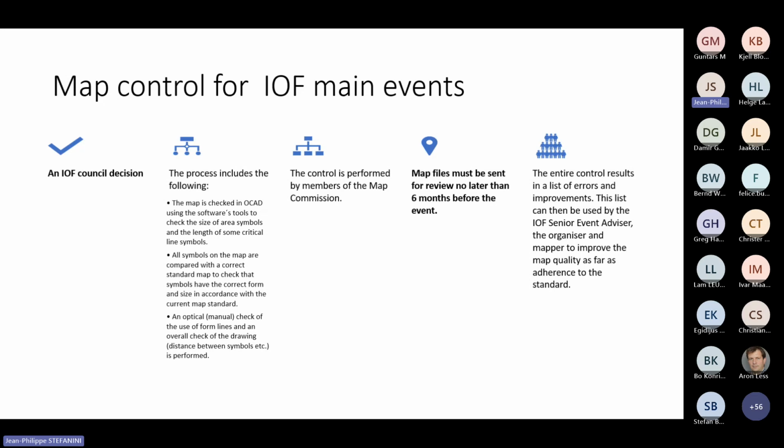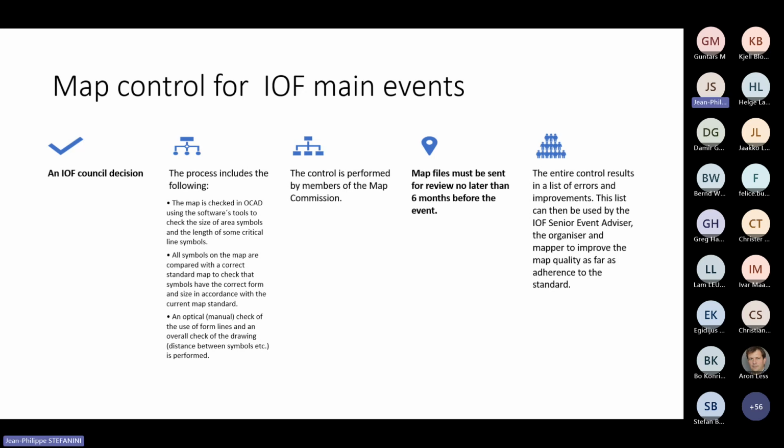So how are we able to do that? We are not going on the field, so we are not able to say that the map is the correct representation of the field.